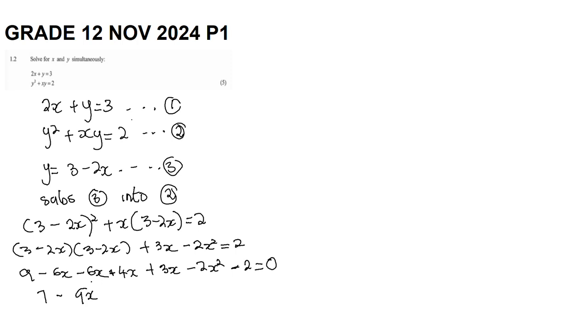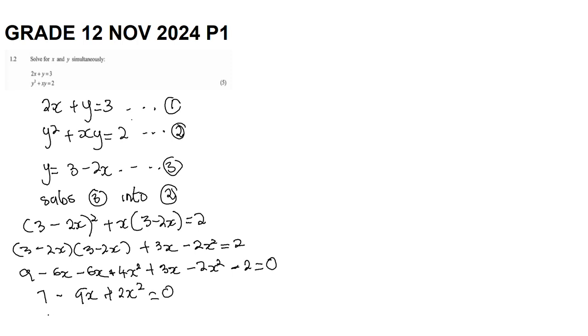I don't know if you're still with me. And then you have 4x squared minus 2x squared, which gives us positive 2x squared, guys, equals 0.